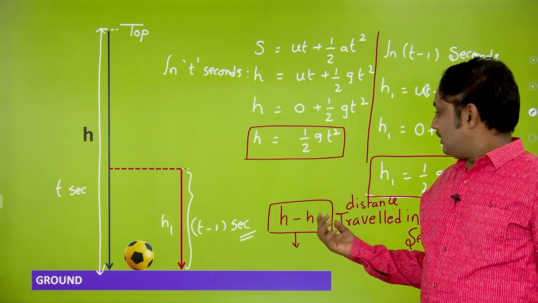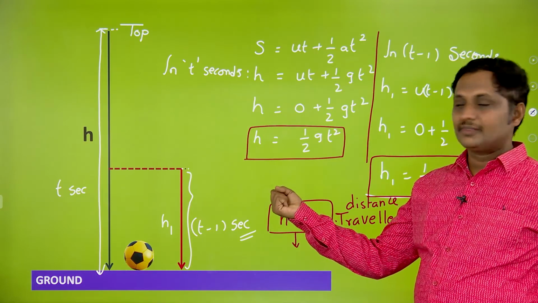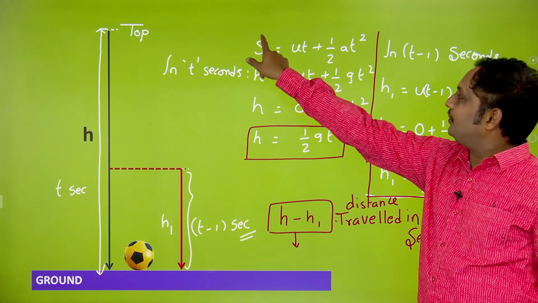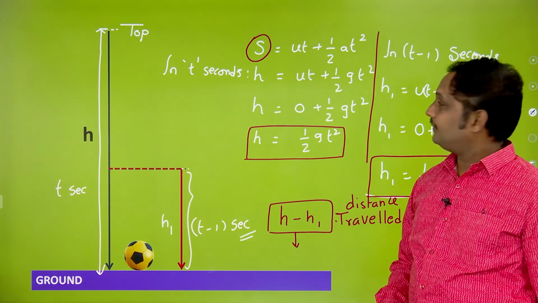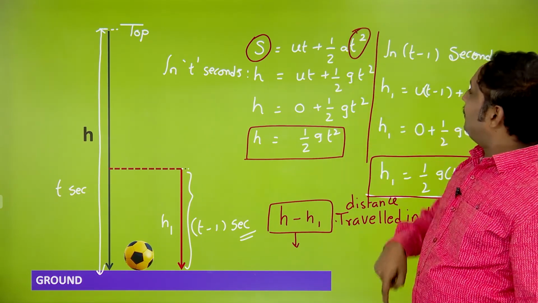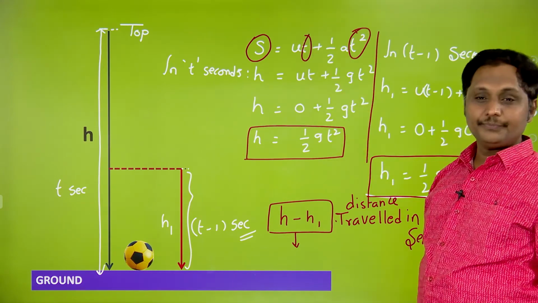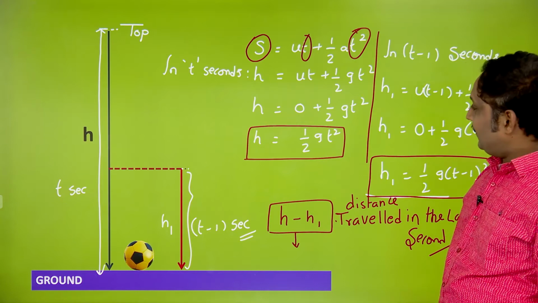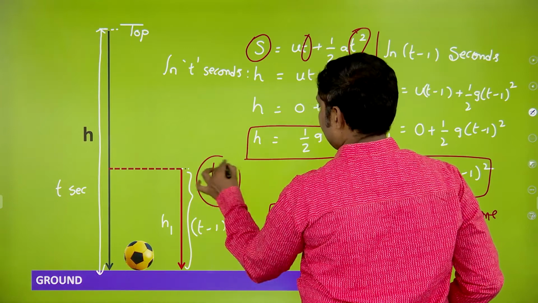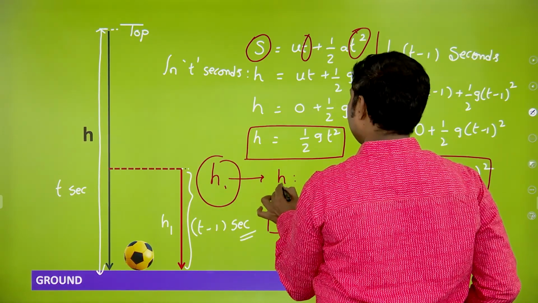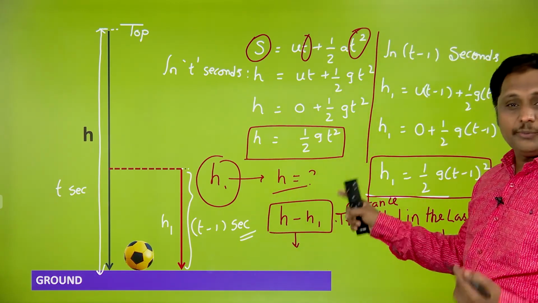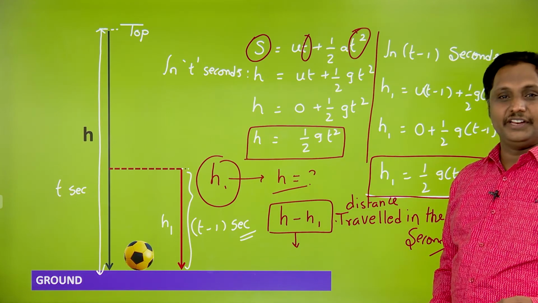If you know the time taken or the distance covered, easily you will solve the problem, right? If you know h1, then you can calculate h. Sometimes they have given h1, and you can easily solve the problem for h.